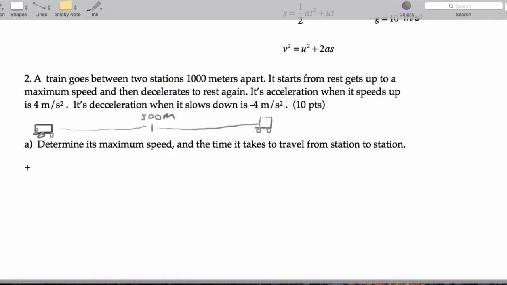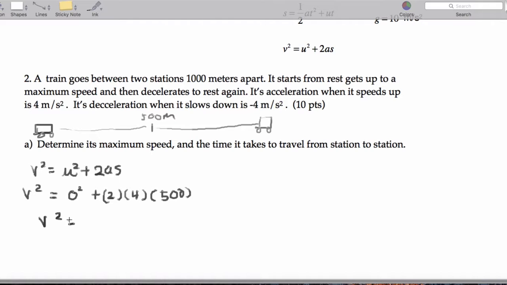So let's get its maximum speed using SUVAT. We'll say v squared is u squared plus 2 times a, which is 4, times 500. And so v squared is 4,000.